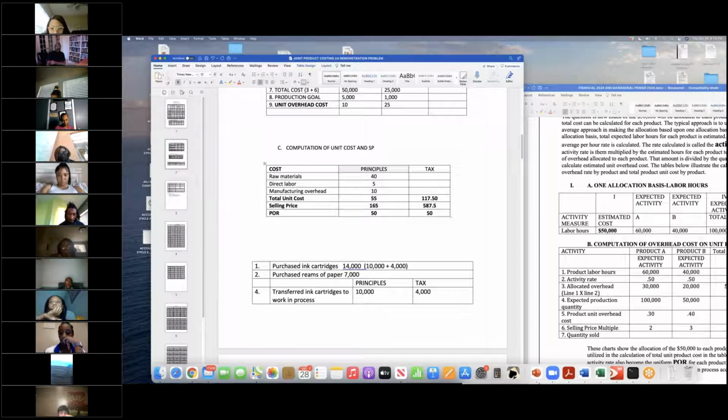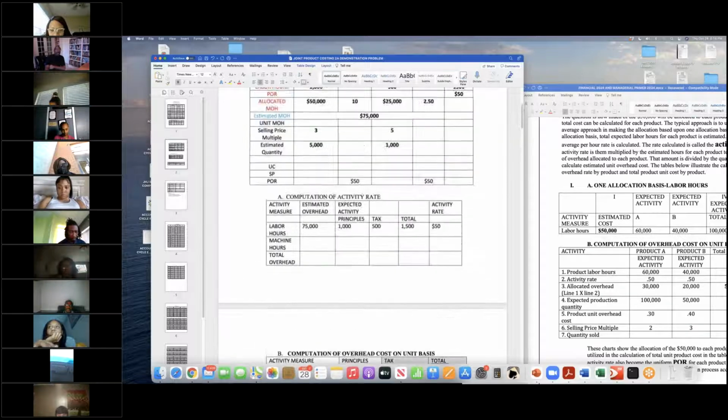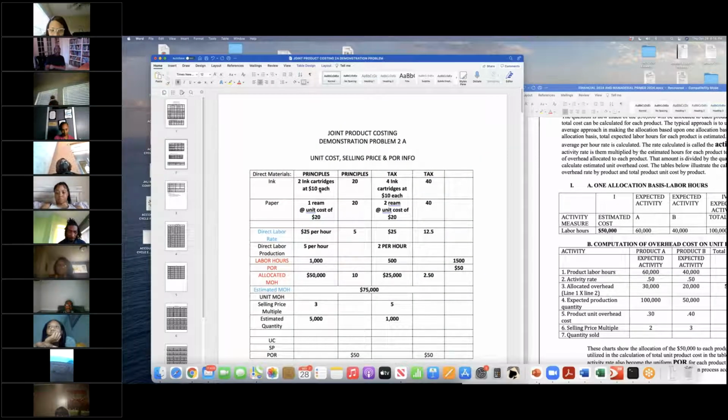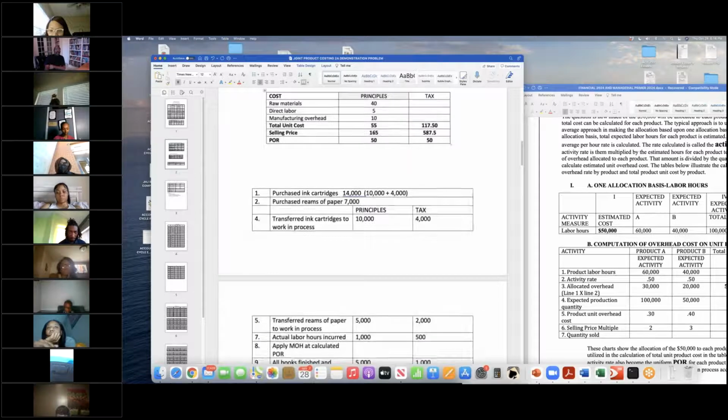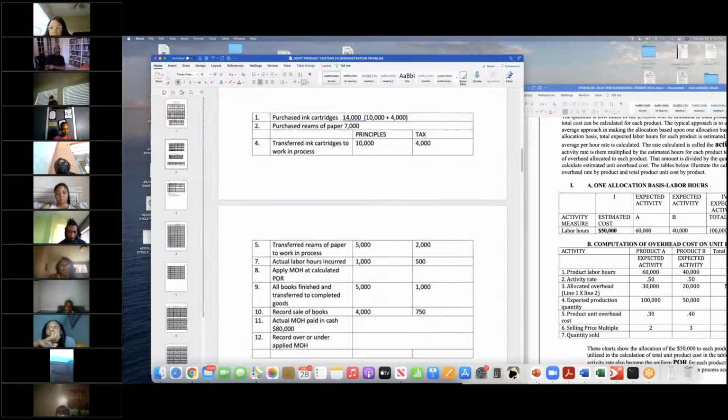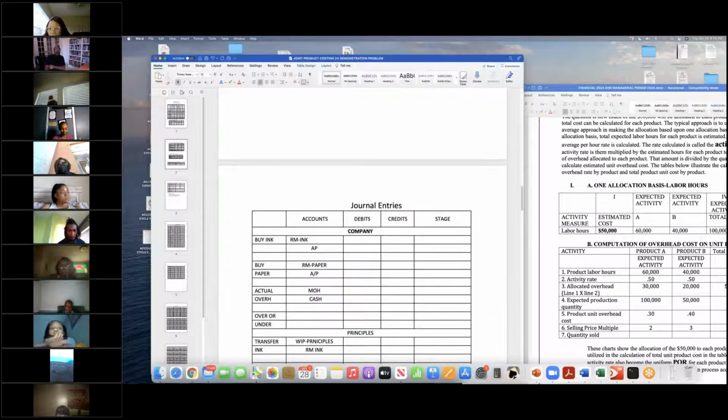So when we get ready to make this journal entry to purchase the ink, we simply take 14,000 and multiply by what? They cost $10 each.